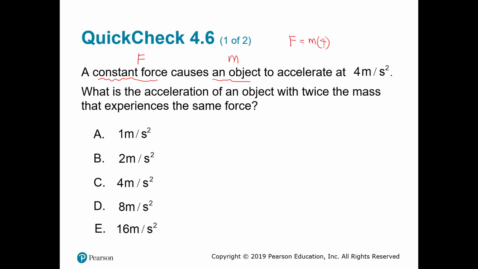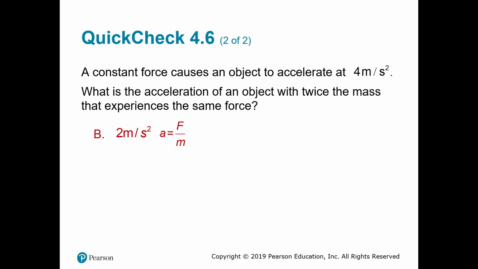And the question is, what is the acceleration of an object with twice the mass that experiences the same force? So the second case is you have the same force, but now your mass is 2 times, and what is your acceleration? Your acceleration must be half of it, right? So the answer is B.